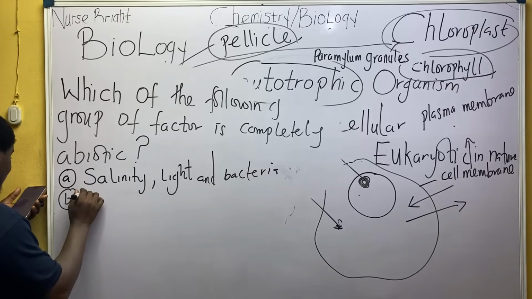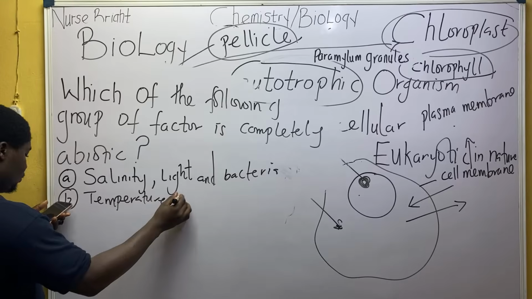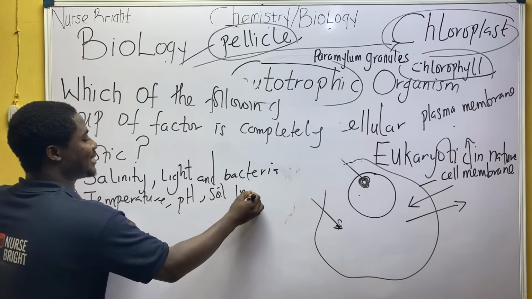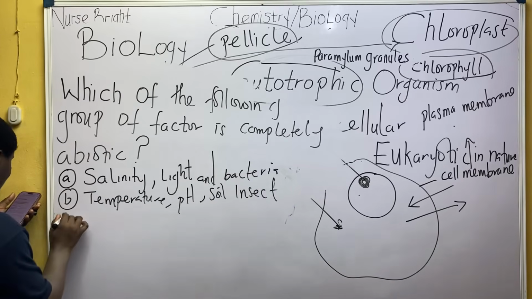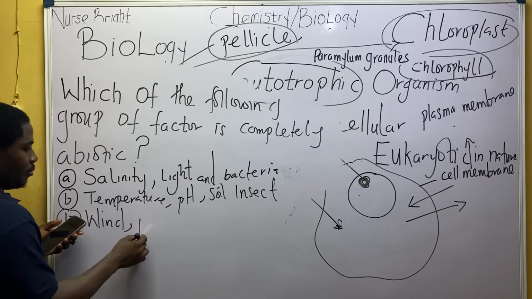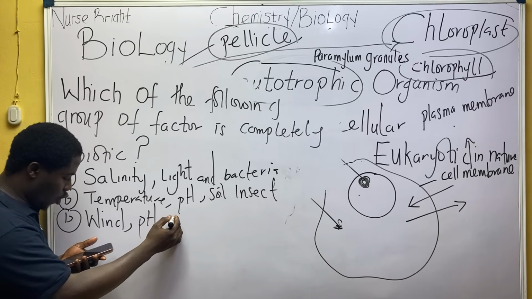Option B says temperature, pH, and soil insects. Option C says wind, pH, and also light.